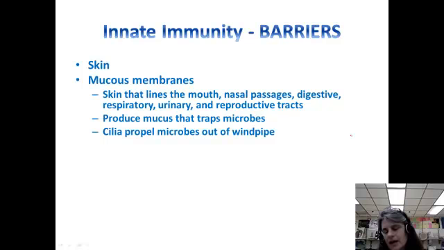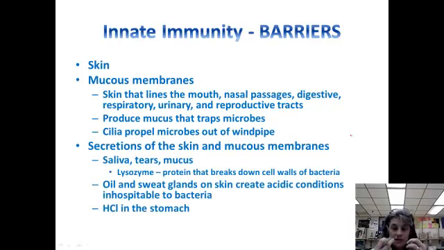There are cilia that line places like your windpipe, your trachea, and beat and force invaders up and away from, say, your lungs, where they might gain access to your body. And so mucous membranes have all kinds of protective agents about them to keep your insides from getting infected.